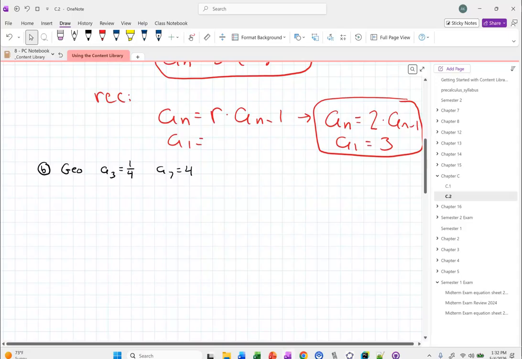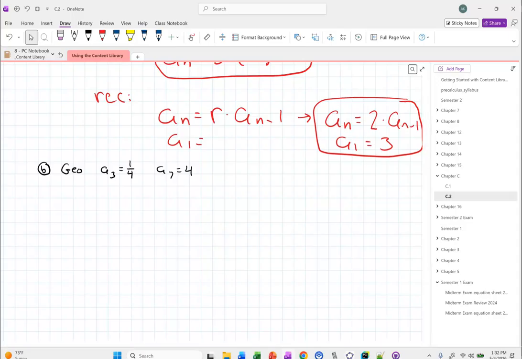What if we ask you to write the geometric sequence whose third term is 1/4 and whose seventh term is 4? Now, when we gave you the same kind of problem with an arithmetic sequence, it was relatively easy to pull the d value from this because you can just use slope.